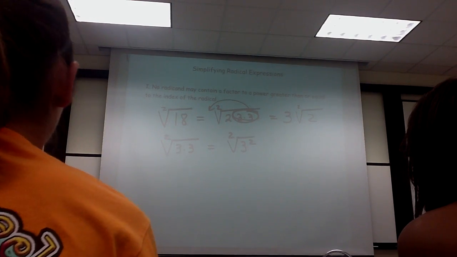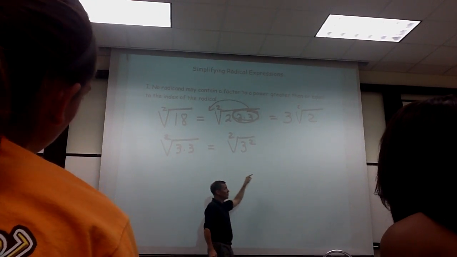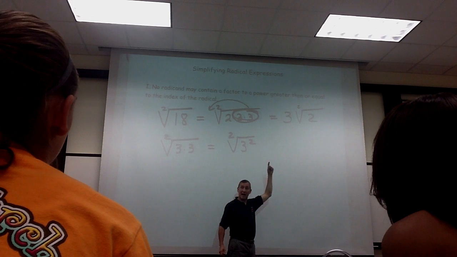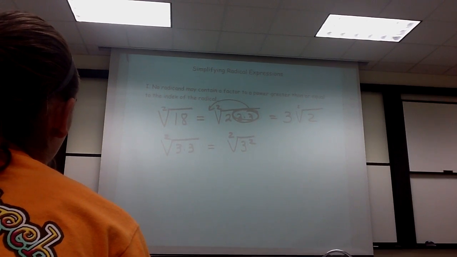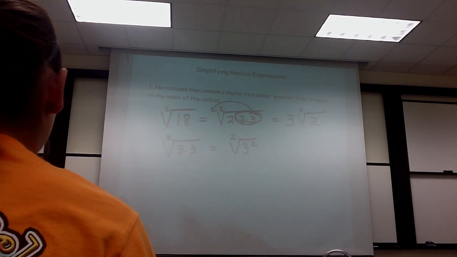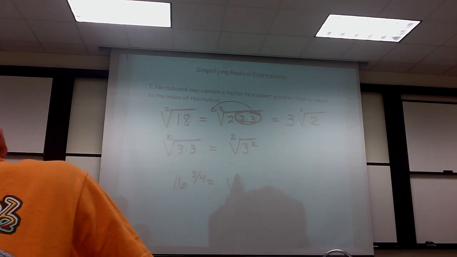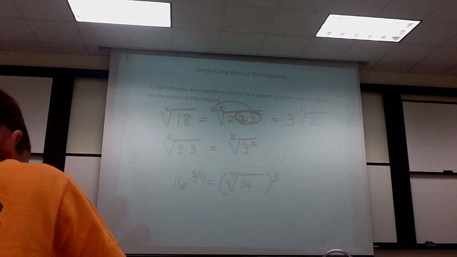Can you take a radical expression like this and rewrite it as something to a fractional power? Remember how we did that earlier? We went one direction. Let's try it the other direction. We said 16 to the 3/4 equals the 4th root of 16 cubed, right?